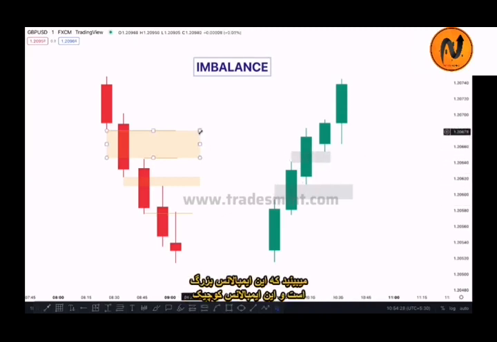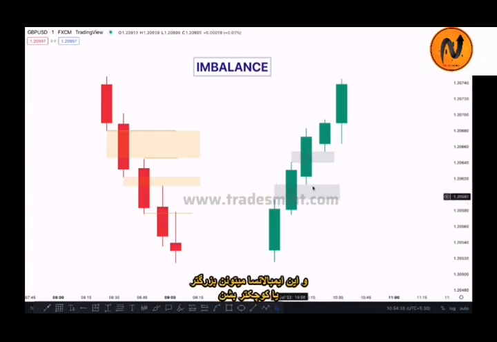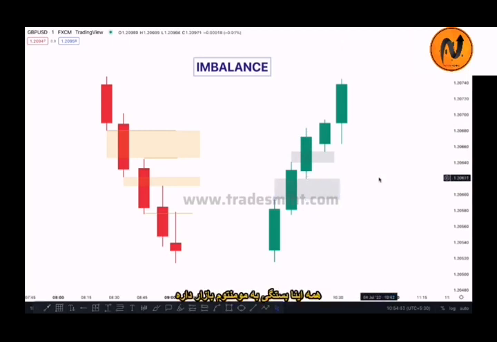Here you can see this is a larger imbalance, this is a minor imbalance, and the same thing is here. This is a medium imbalance, this is a little bit bigger imbalance, and an imbalance can be bigger or smaller, like here I'm showing you, maybe an imbalance like this, right? So it depends on the market strength and momentum.